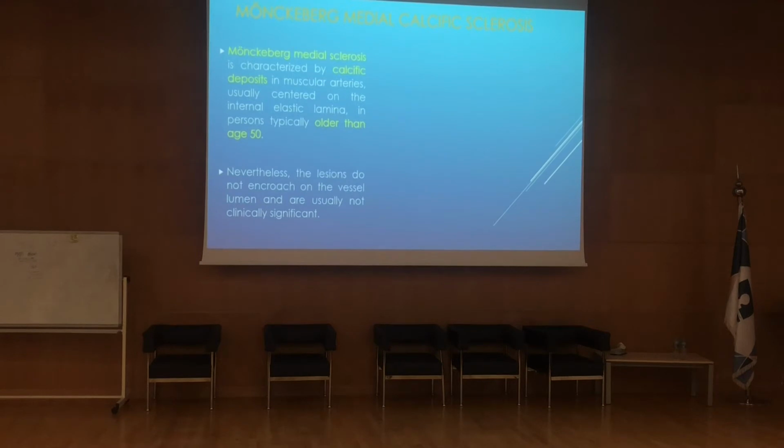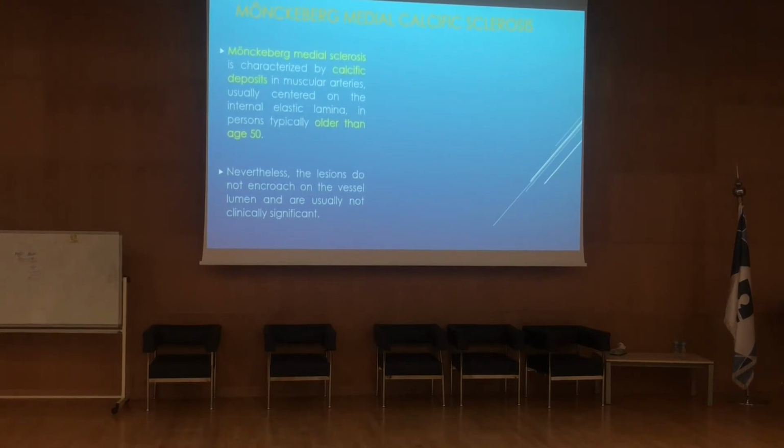But as it does not cause any encroachment into the vessel lumen, there is no clinical significance. Although the name is so big, the clinical significance is zero. Only when you see it under X-rays, or as an accidental finding, you see Monckeberg's medial calcific sclerosis.